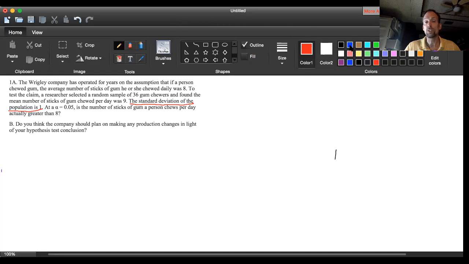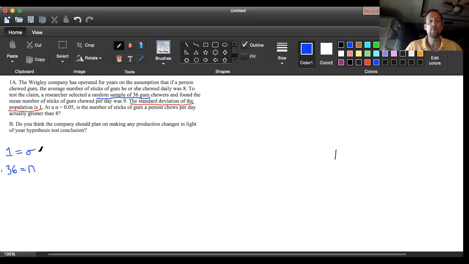What I'm also going to start to do is label some of the information on the sheet here that we've just identified. We know the population standard deviation is 1, so I'm going to write down that 1 is my sigma. I can also figure out that my random sample size was 36 gum chewers, so I'm going to indicate that 36 equals my sample size, or n.